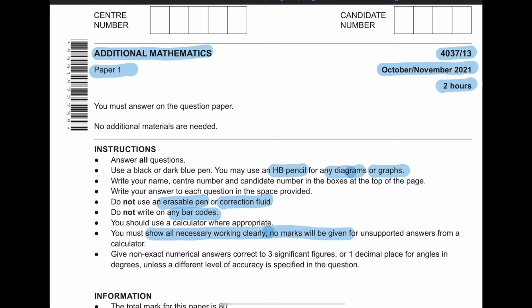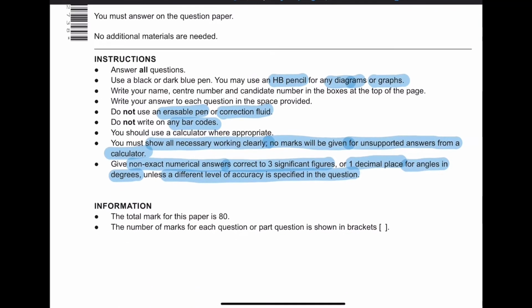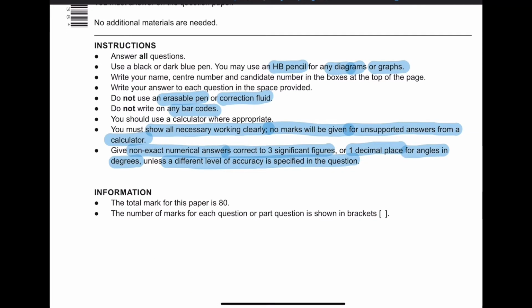No marks will be given for unsupported answers from a calculator. Non-exact numerical answers should be correct to 3 significant figures, or 1 decimal place for angles in degrees, unless a different level of accuracy is specified in the question. So before starting, we should follow all this information.